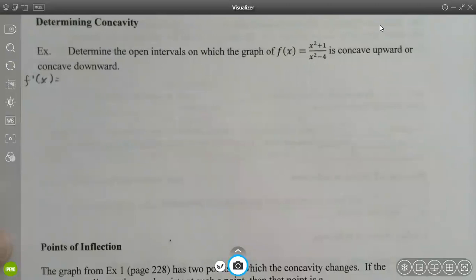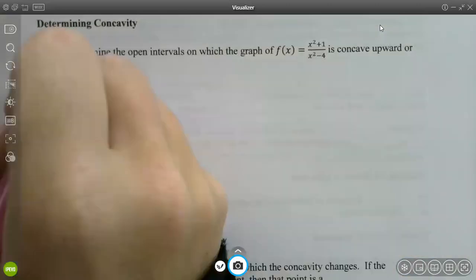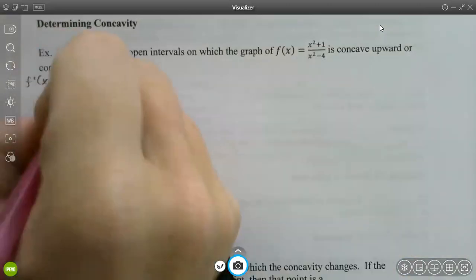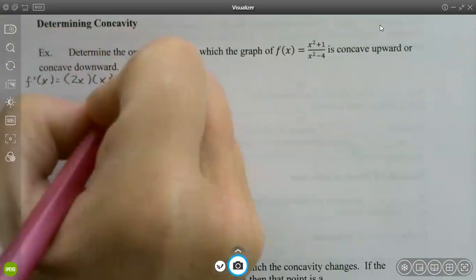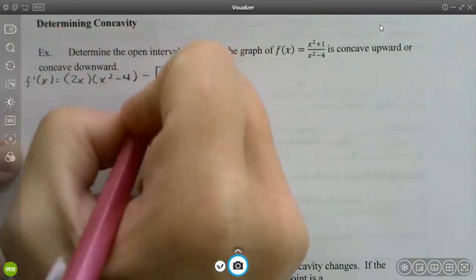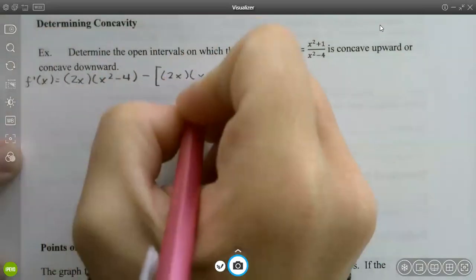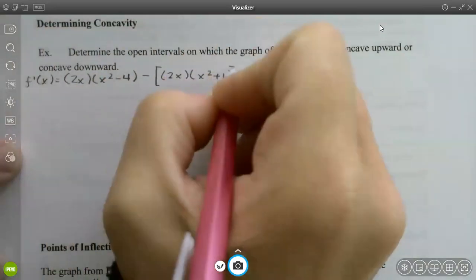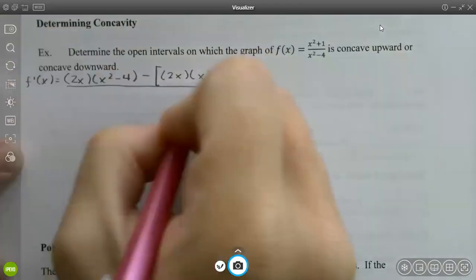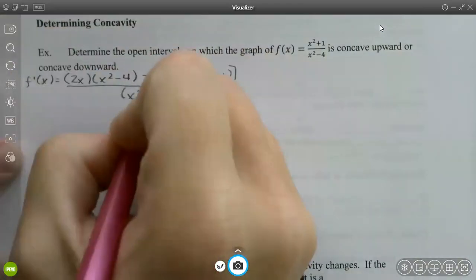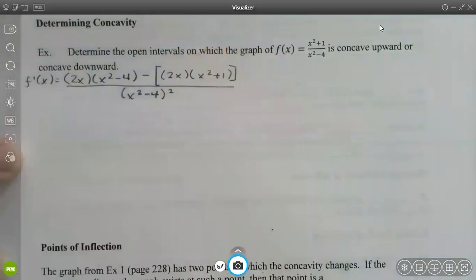So the derivative of the top times the bottom, minus the derivative of the bottom times the top, all over the bottom squared.